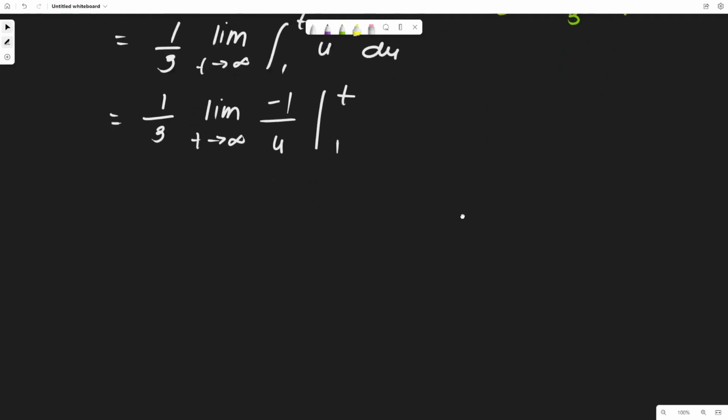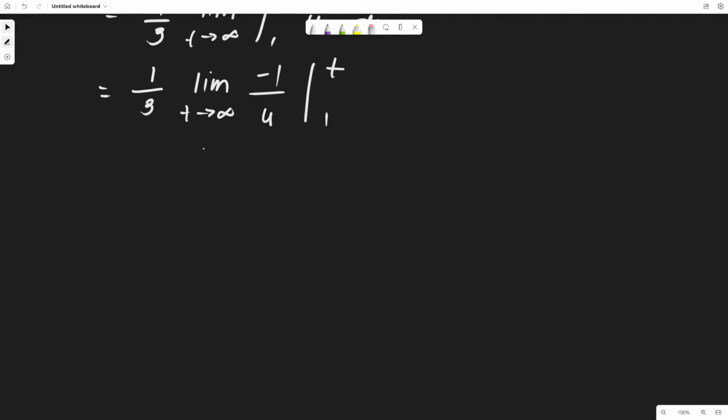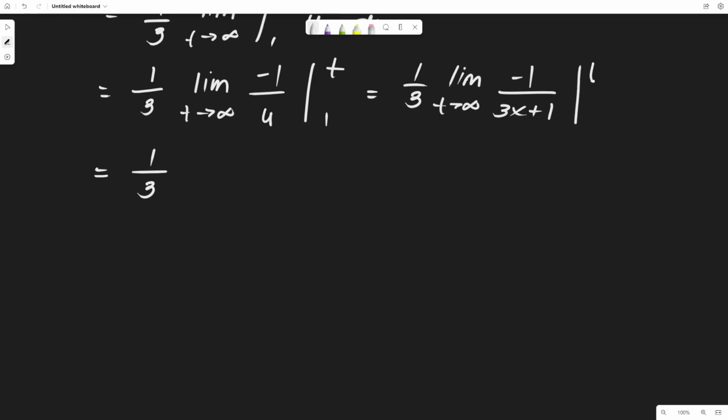Then we bring back our u. So 1 over 3 times the limit of negative 1 over 3x plus 1, and as t approaches infinity, from 1 to t. Sorry, I'm getting tongue-tied.